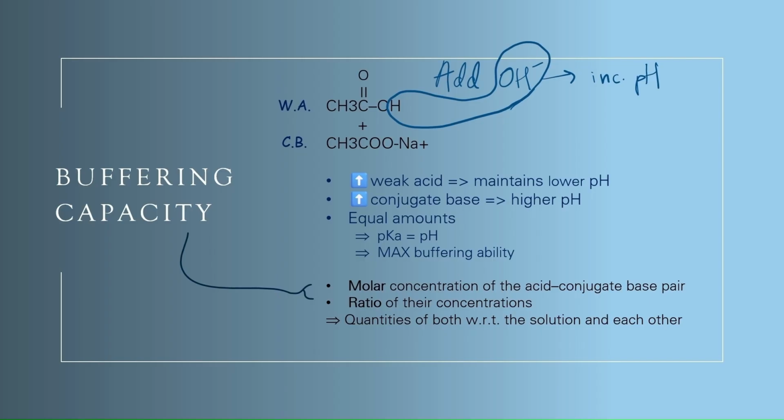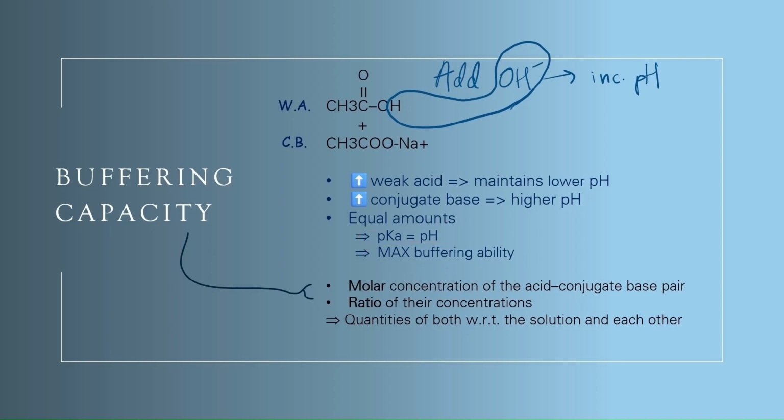But basically, the nature is the same as the solution itself. So the classic cliche dialogue, you know, I am at my best when I'm being myself kind of thing. So its maximum buffering capacity occurs when its pH is the same as the pKa of the buffer.